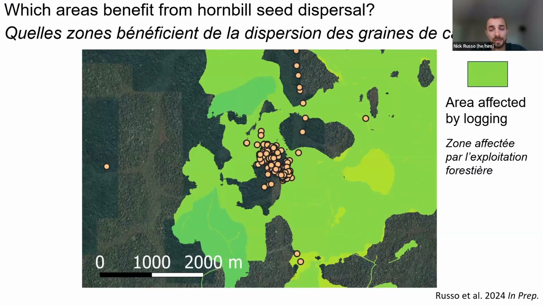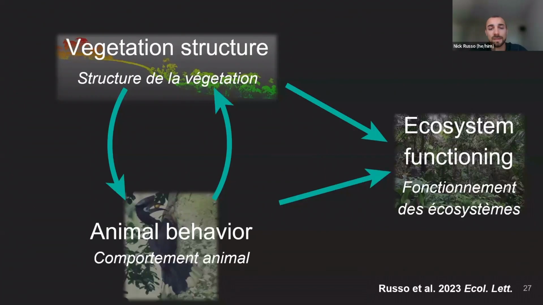And there's not that much I can tell you about it so far, other than hornbills typically avoid areas affected by logging, but are still visiting canopy gaps and potentially helping these forests heal from logging operations. So now we know the context in which hornbills are moving, and we have the model that we can use to try to predict how forests will recover based on seed dispersal by hornbills.